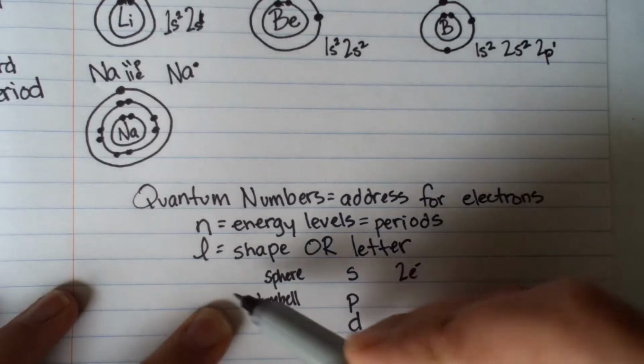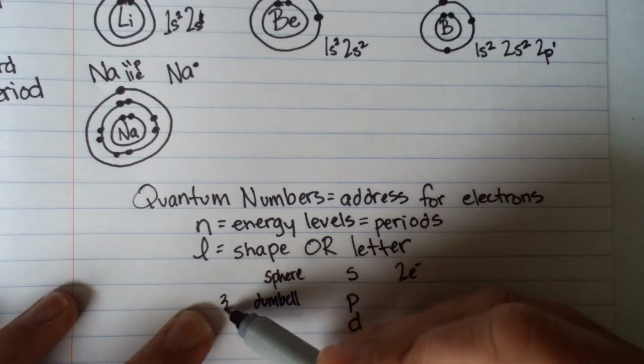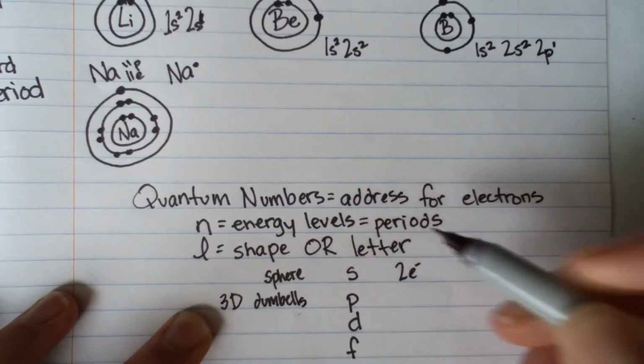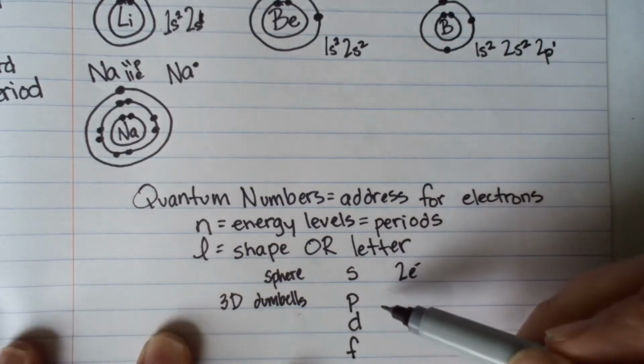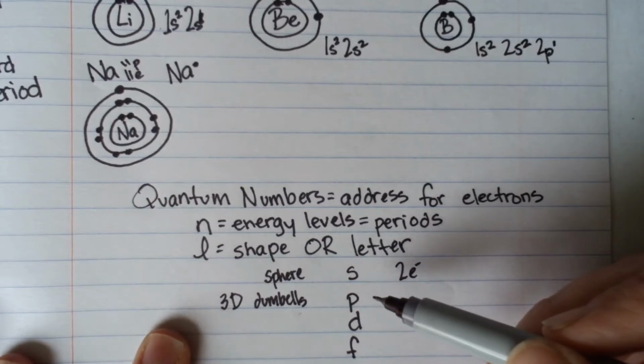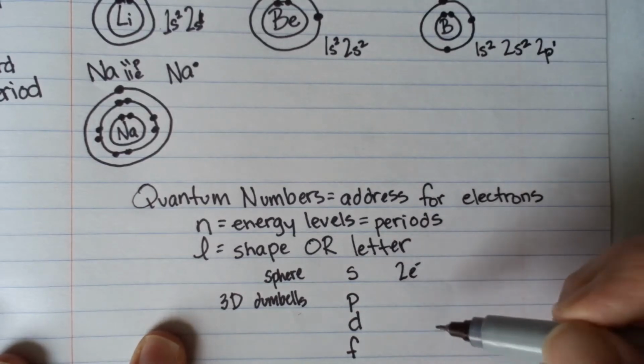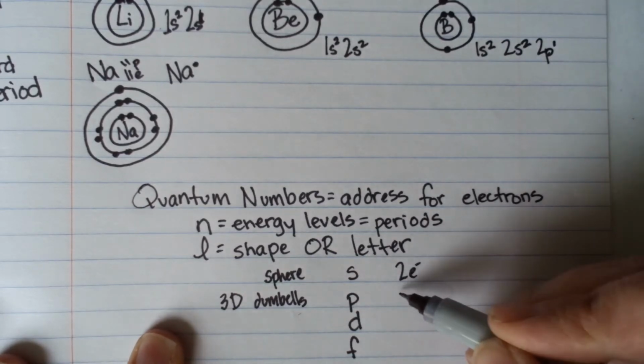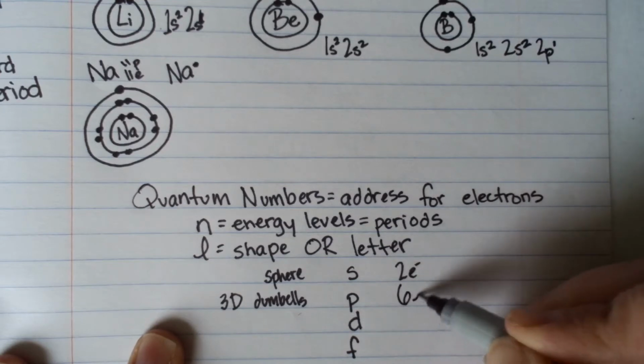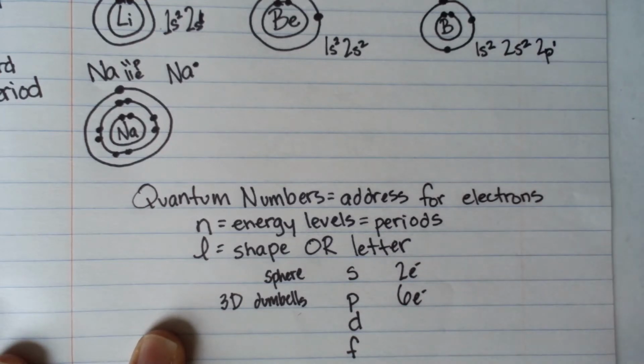So that's 3D dumbbells. Thinking about that, if there are 3 of them and 2 electrons can fit in every orbital, we know that P can hold 6 electrons.